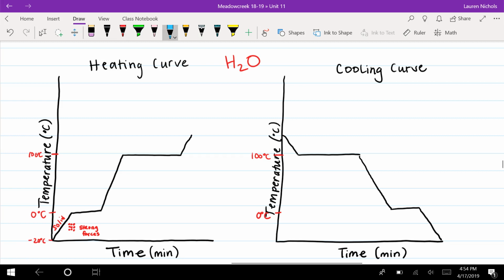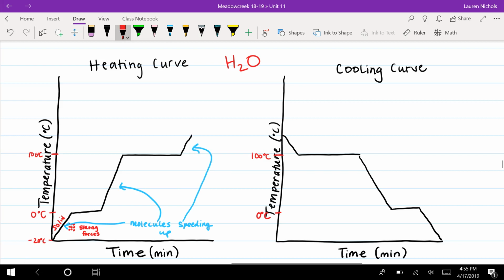So anywhere that there is this slanted line and a temperature change, that means the molecules are speeding up. So that means it happens there and here and here.